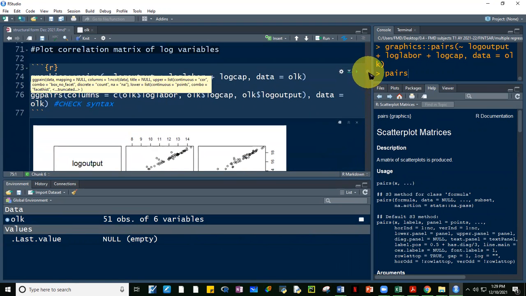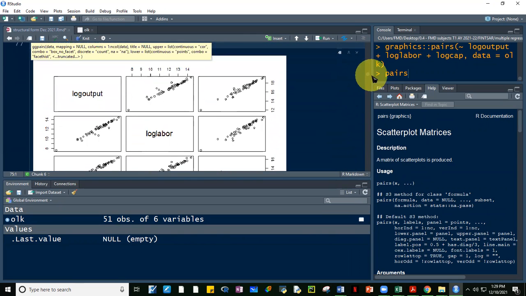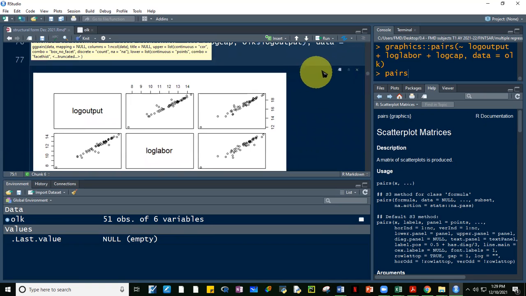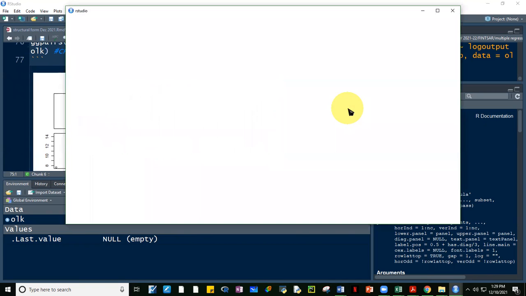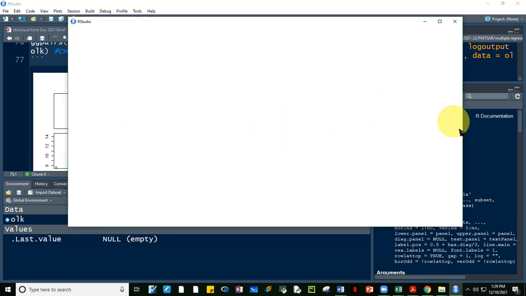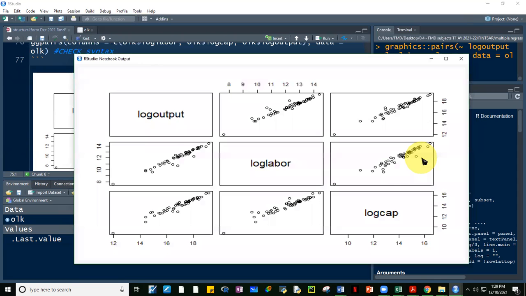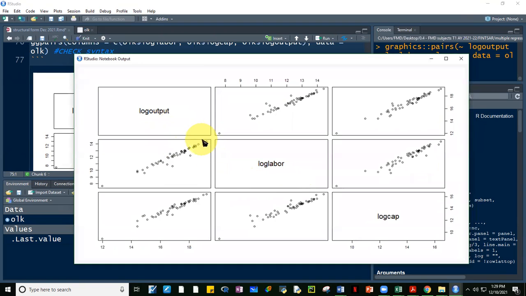So here we have a correlation matrix ng log output. Remember guys, by way of reminder, ang gagawin natin dito, i-regress natin si log output dun sa dalawang independent variables natin, si log labor at saka si log capital. If we take a look at the correlation between log output and log labor, mataas, no?